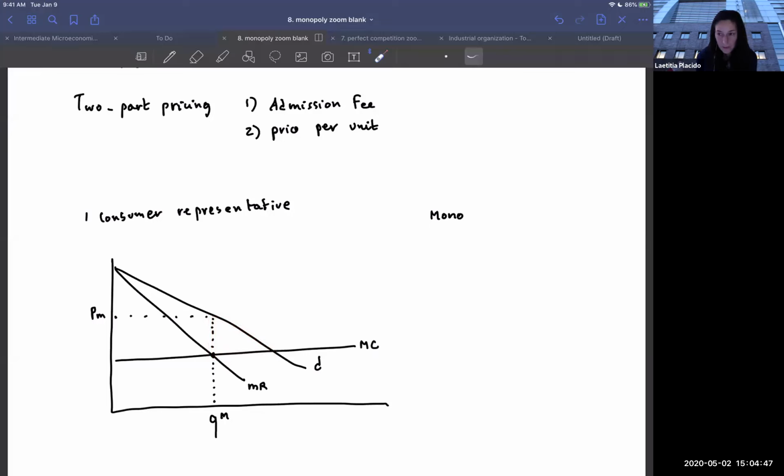So as usual, the question is, how can the monopolist appropriate these two areas here? I'm going to put names on this. That's A, B, C. The monopolist profit without a two-part tariff is B. So how to design this two-part tariff in order to get this A and C?